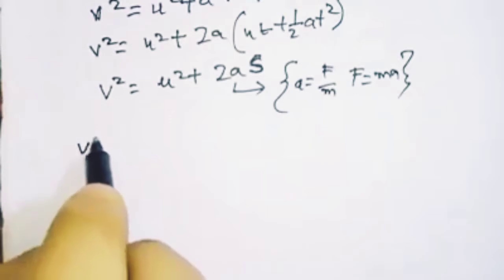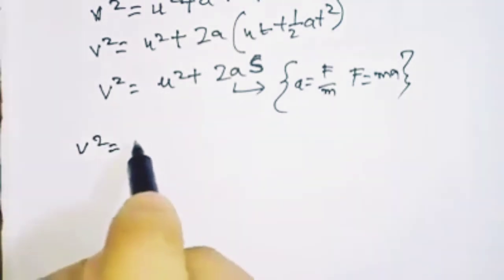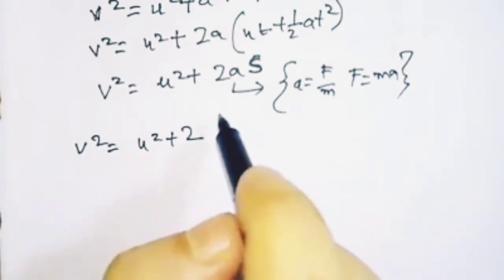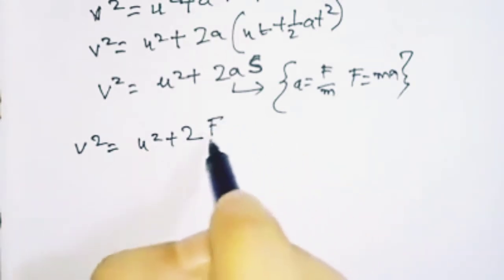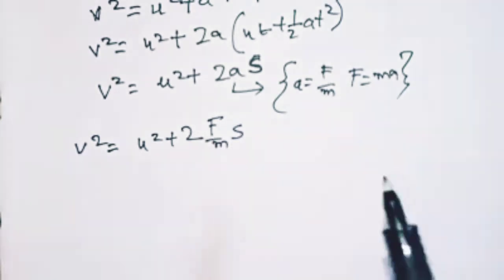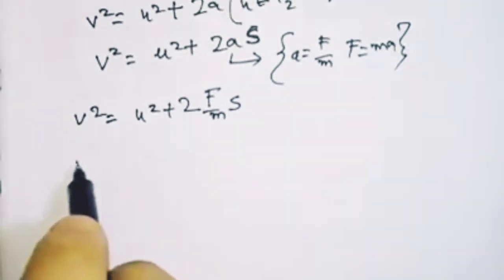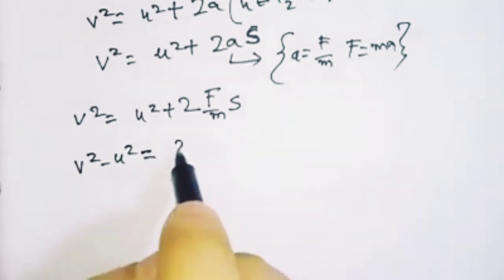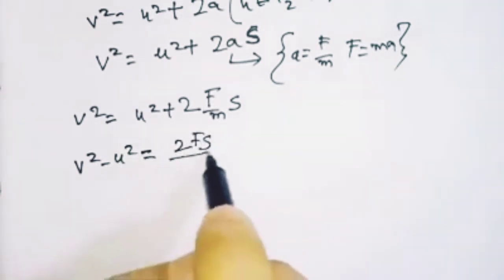So from here what we can further write is that v squared equals u squared plus 2, I substitute a as f by m, so we get f by m times s. From here, if we flip over and rearrange it, we will get v squared minus u squared equal to 2fs by m.